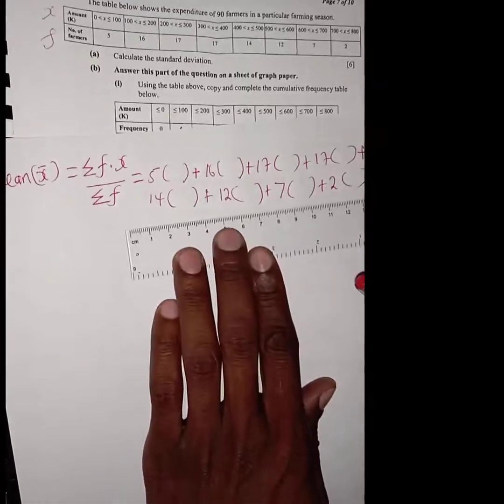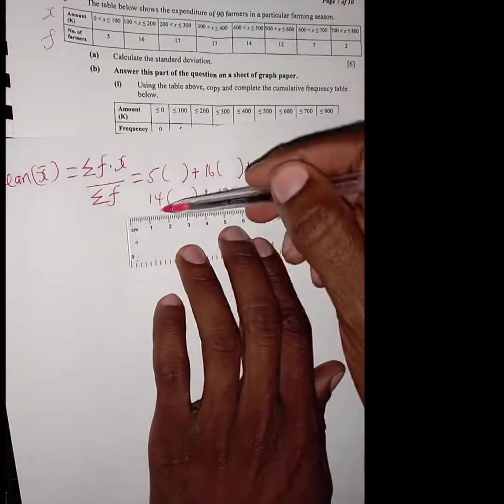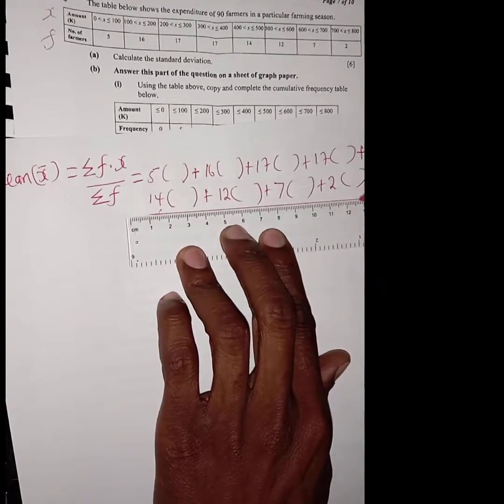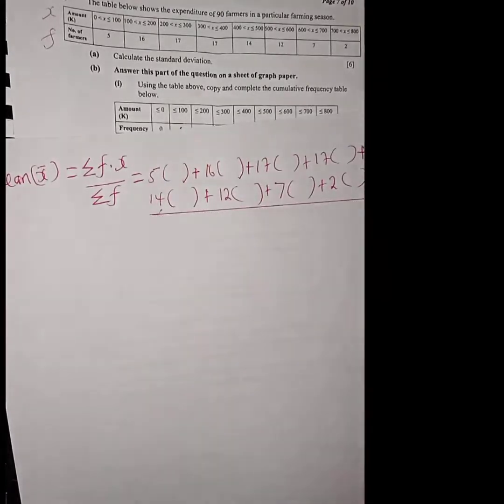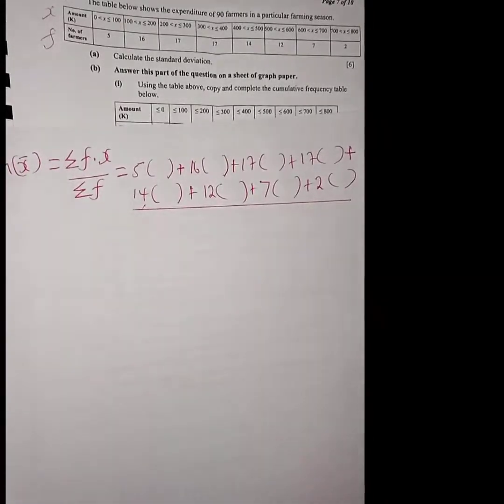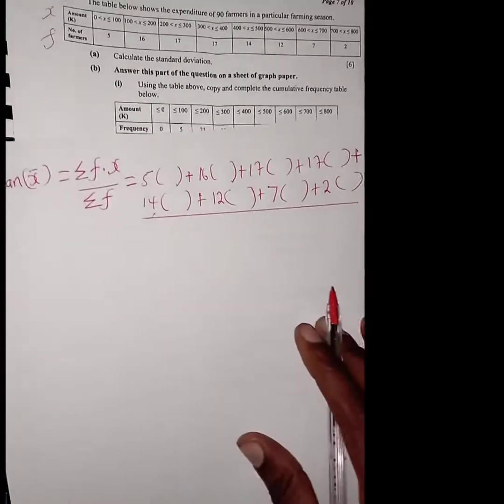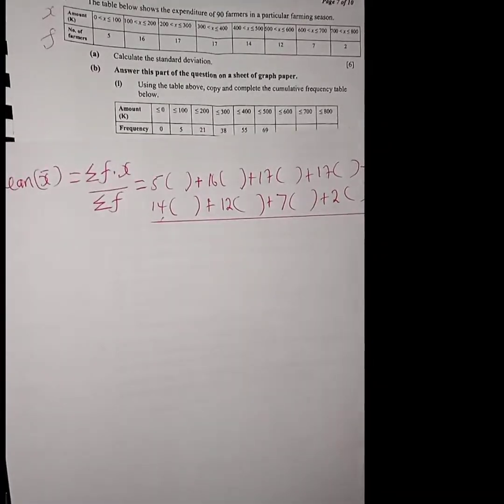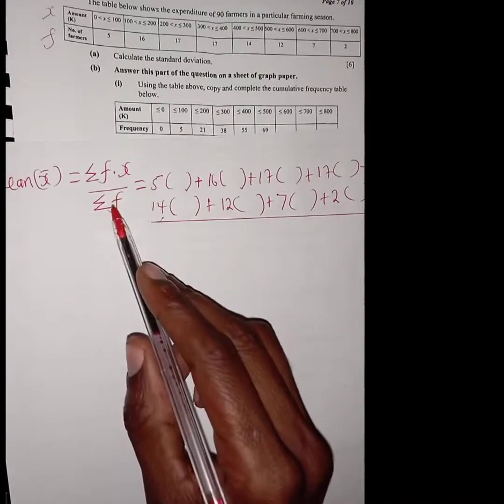So we're going to divide over, and don't use a red pen in an exam. Don't use a red pen in an exam. Use just a blue pen or black. Over the summation of frequency.